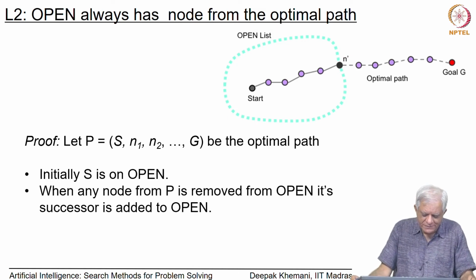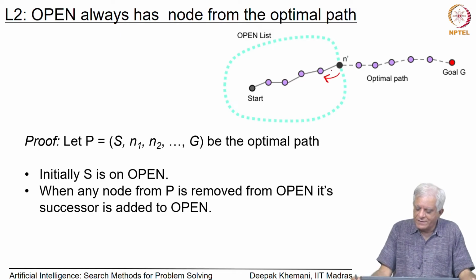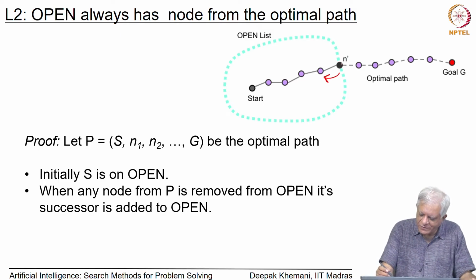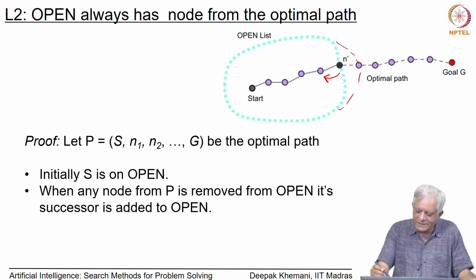At any point, from this path P, if we remove a node from open, when will we remove it? When it is picked for inspection, you will check whether it is a goal node or not. If it is not the goal node, you will put it into closed. So, in this diagram it would mean you would put it here, it would move into closed, and the open list would expand to the next node, and the next node would now come onto open.